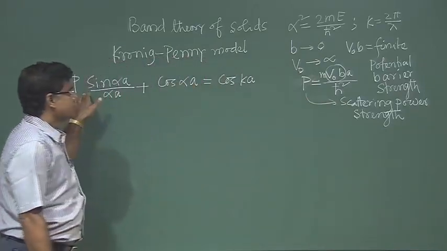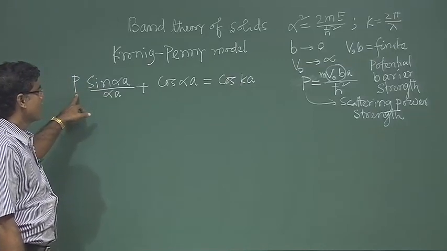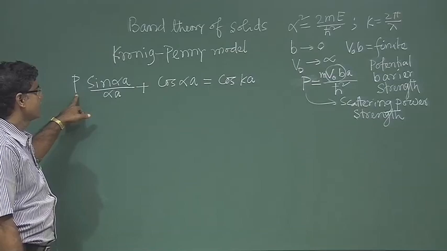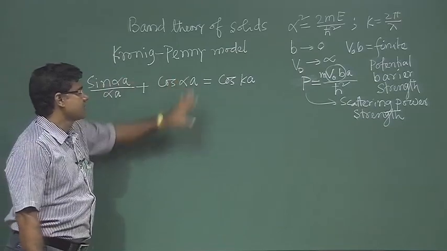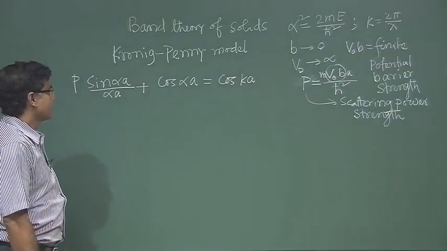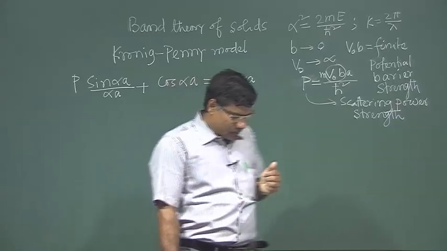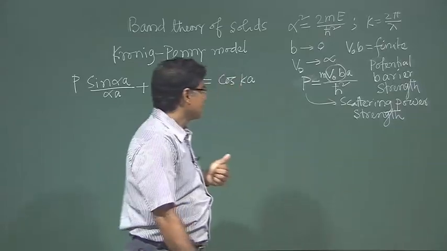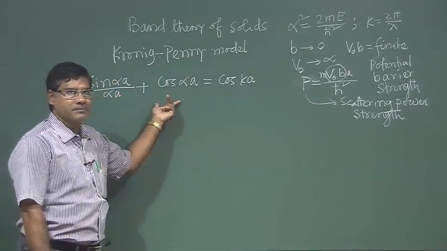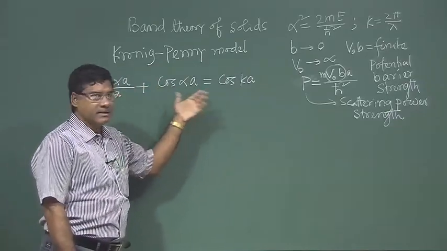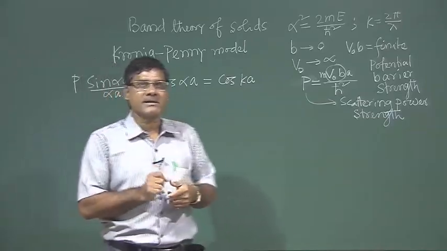So, this P is a very important parameter, and from this condition we can get information about the energy, momentum and many other things of an electron when it is in a crystal.